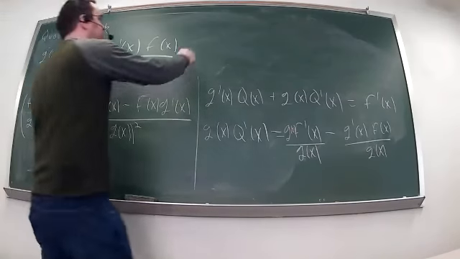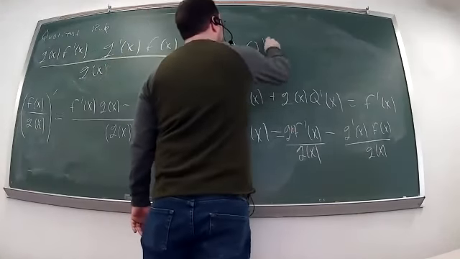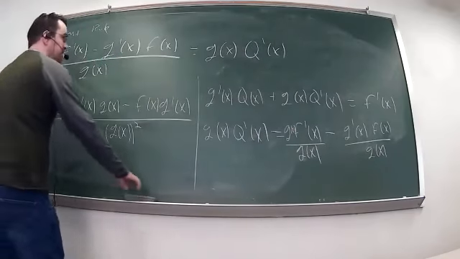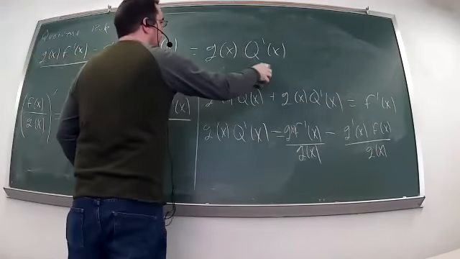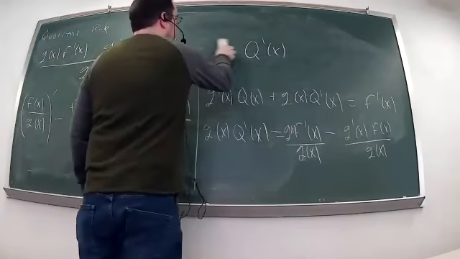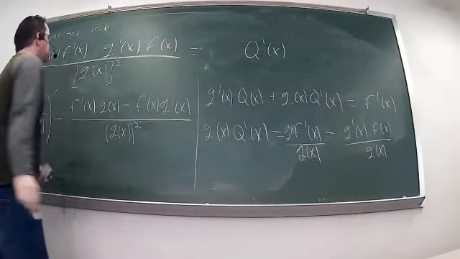And remember, this was equal to g of x times q prime of x. So now just divide both sides by g, or multiply both sides by 1 over g, if you like. So you get q prime of x equals that over g of x squared.